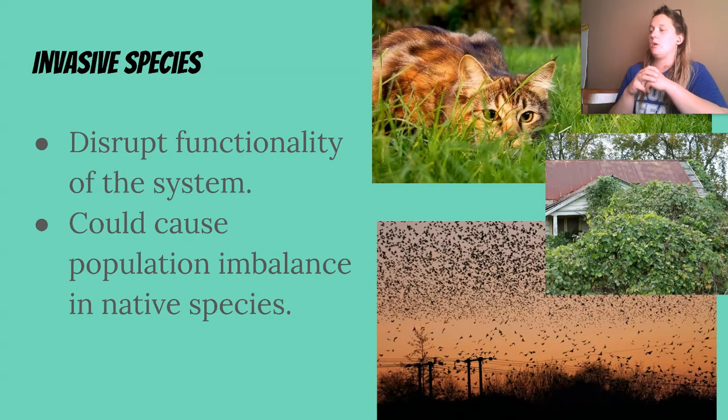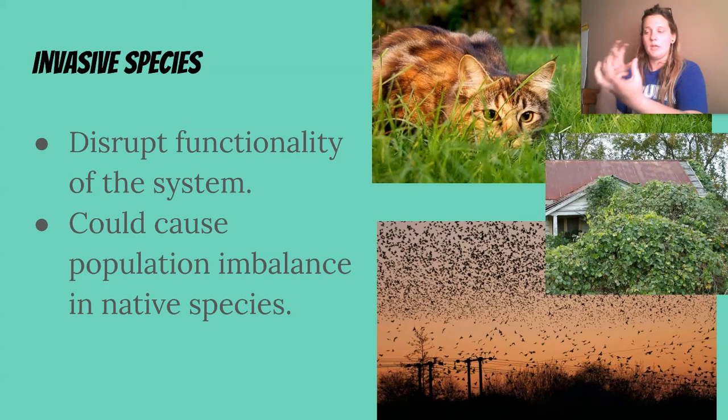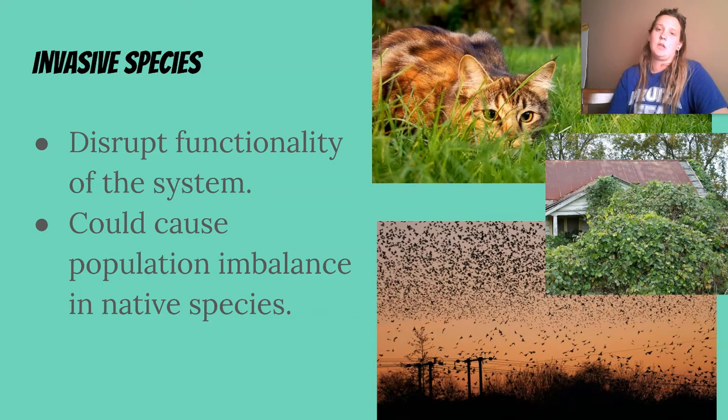Those abiotic factors and how they interact with the biotic factors, right? In order for all of those things to interact and function, there's a system. And when there's an invasive species, that system is disrupted.